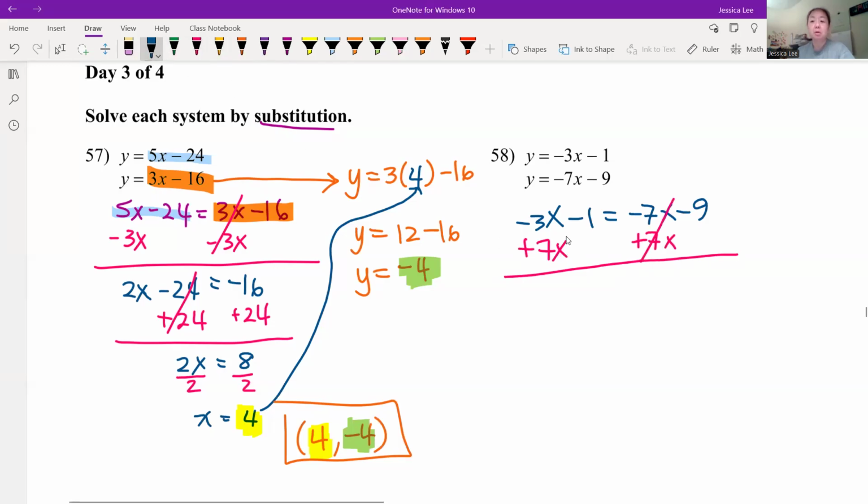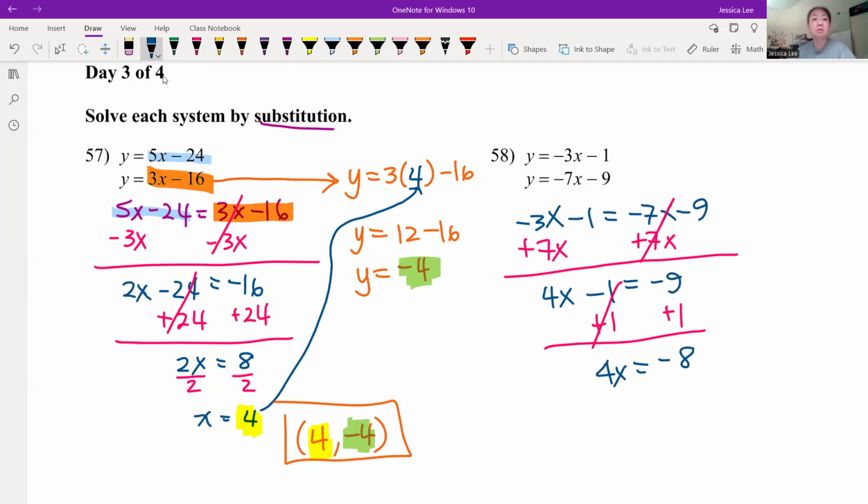That is up to you. And negative 3x plus 7x is going to be 4x minus 1 is equal to negative 9. And again, it goes down to a two-step equation. I told you, it almost always simplifies down to a two-step equation. So 4x is equal to negative 8. And then we're going to divide by 4. What do we get? X is equal to negative 2.